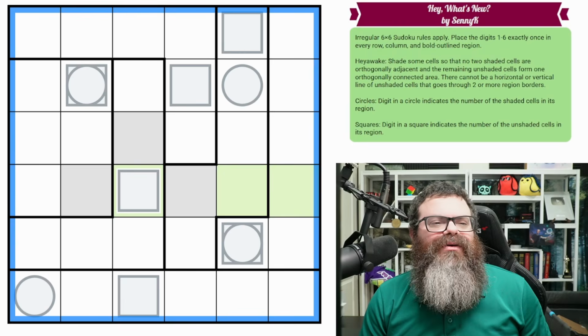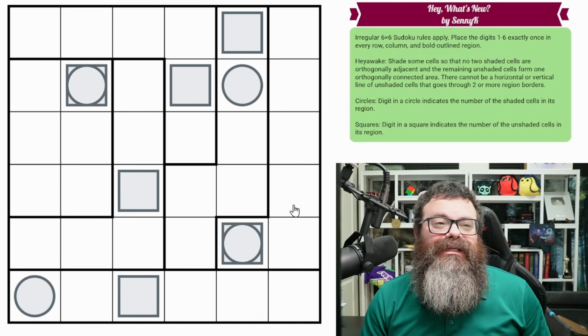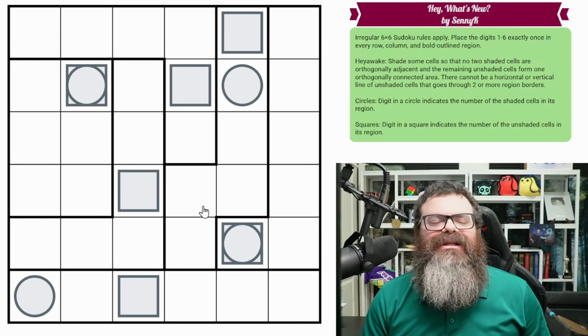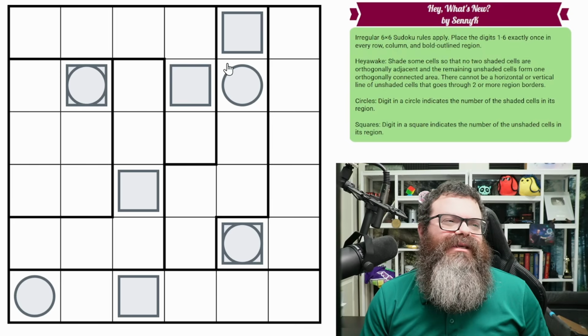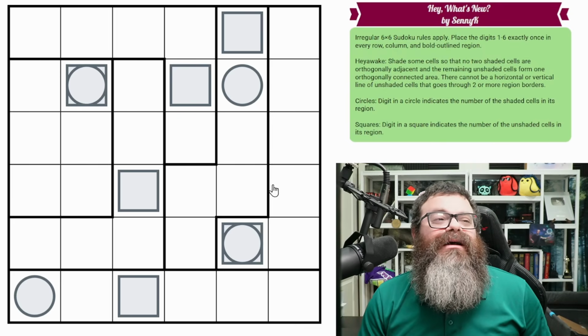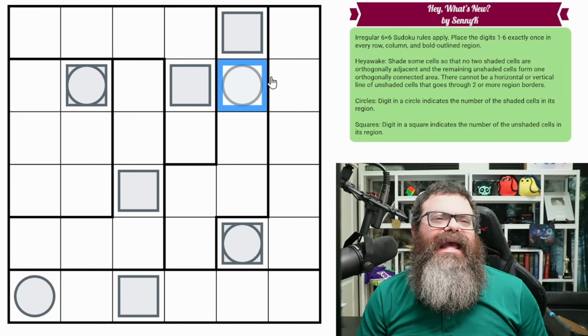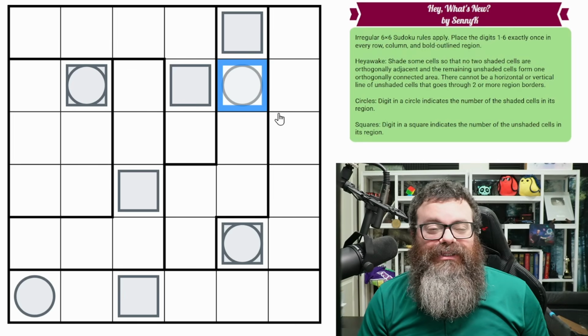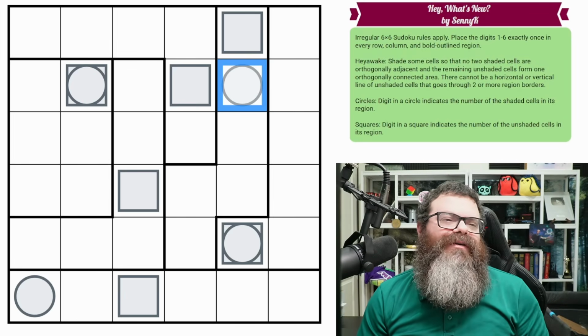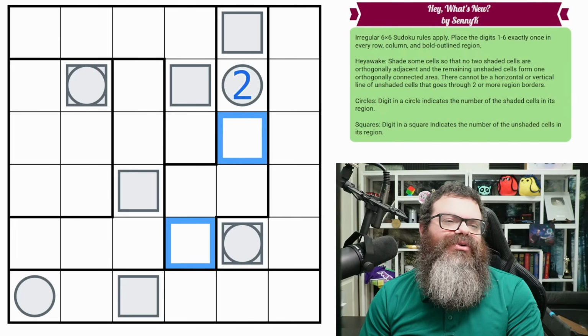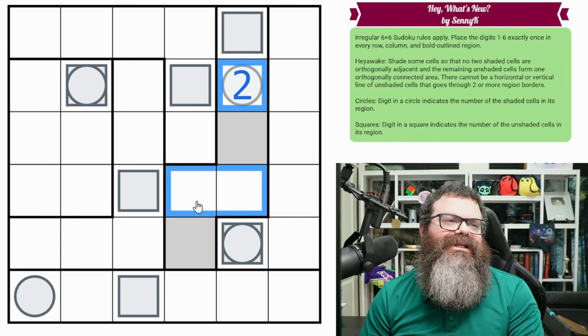All right, so those are the shading rules, but we need to connect that to numbers. So that's where these squares and circles come in. That also helps kickstart our shading as well. So circles count the number of shaded cells in the region. So if this was, say, a 2, there might be 2 of them shaded and the rest unshaded.